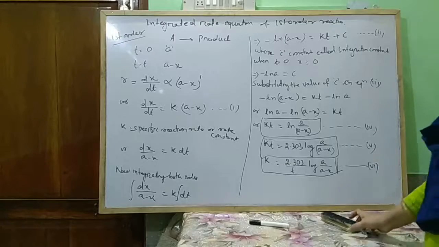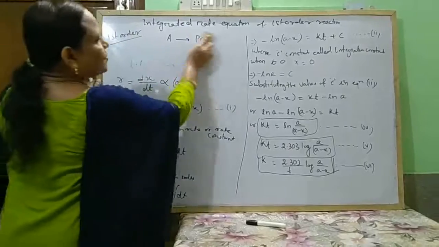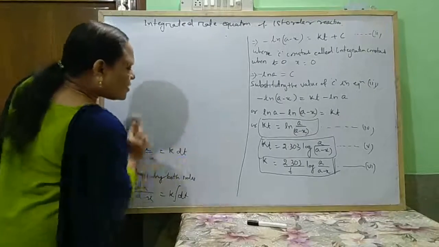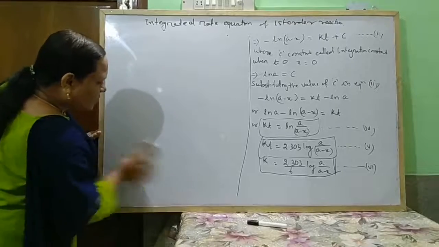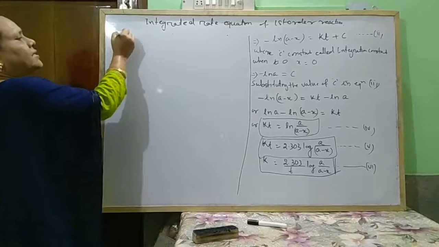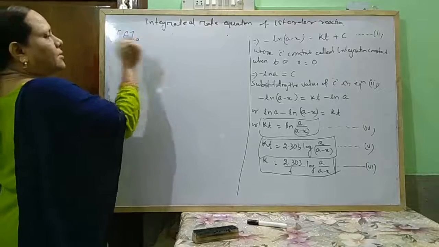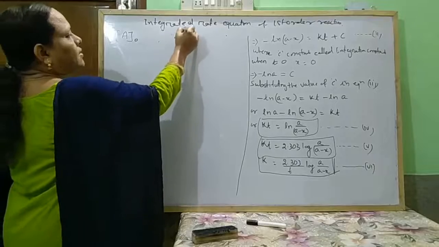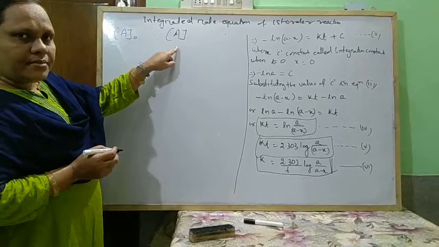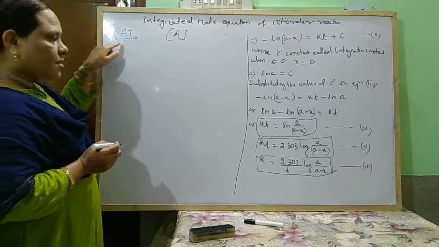Look here at this equation 4. Another way: suppose instead of a and a minus x, the initial concentration is taken as a naught, and after some time the concentration is a.